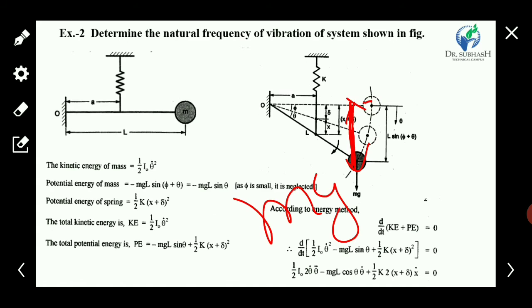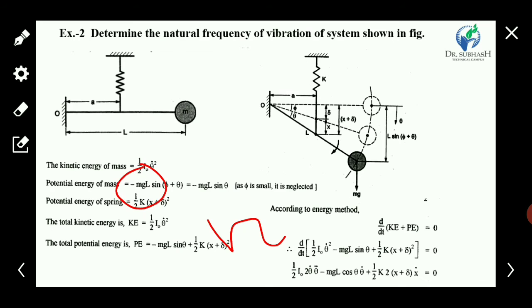So mgh is decreased, and since the energy is decreasing, a minus sign is given to mgh. We have to find out this distance h, and we find it with the help of this triangle, similarly to the earlier triangle.